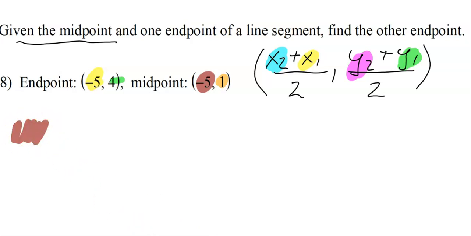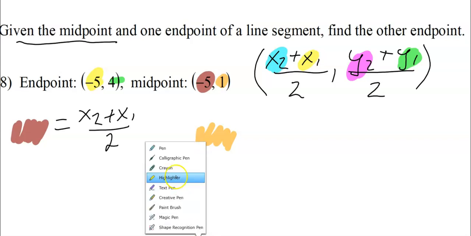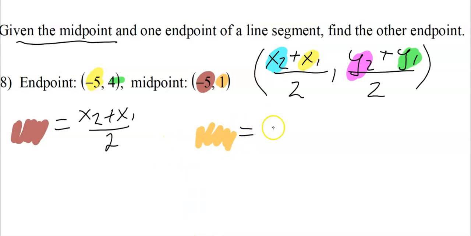So I know x from my midpoint needs to equal x2 plus x1 divided by 2. And I know orange is from the y values of the midpoint. So that's going to equal y2 plus y sub 1, second y plus first y divided by 2.